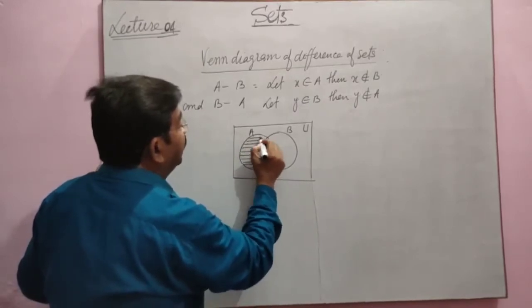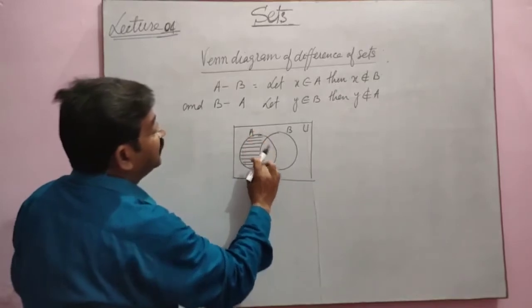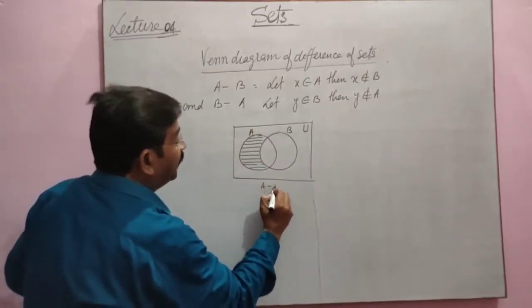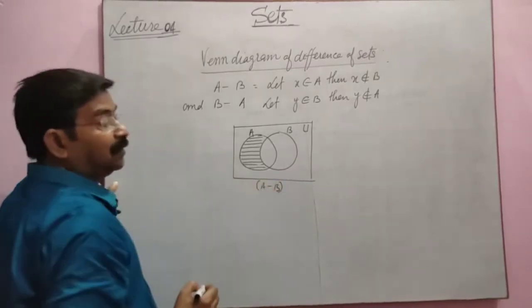A minus B, meaning these elements are not found in B. So this is A minus B.